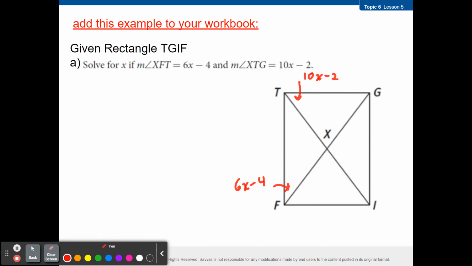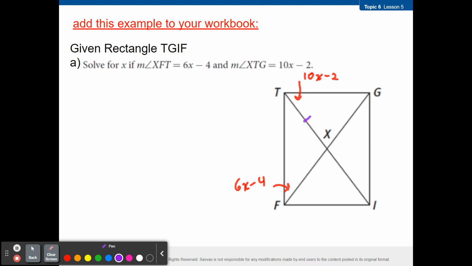Okay, how are we doing? Are we still writing this down? Got the picture drawn? Okay, if we take a look at this, ladies and gentlemen, what do we know about the diagonals? They're what? They're congruent and they what? Bisect.